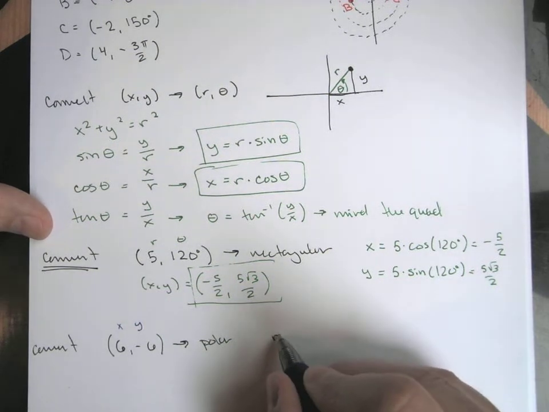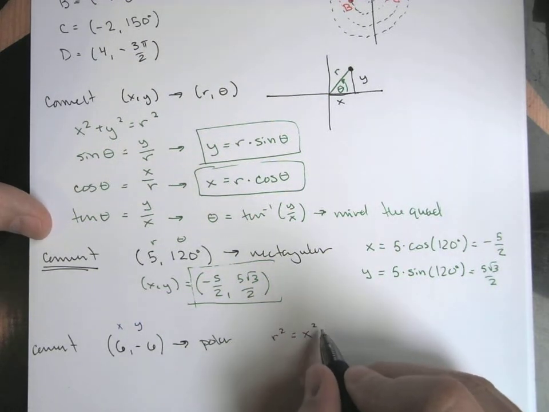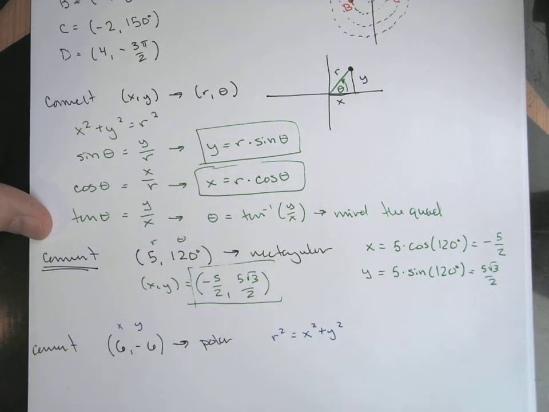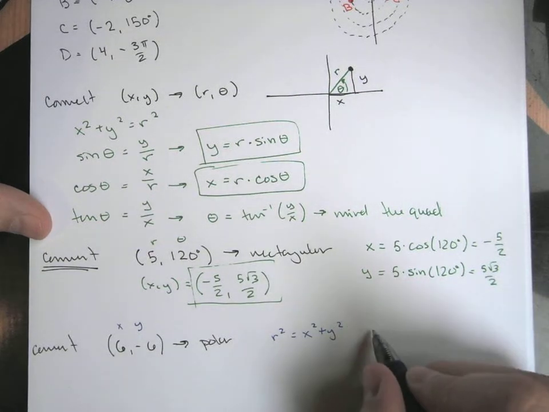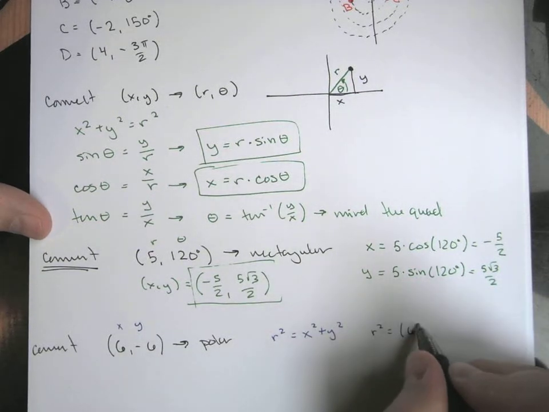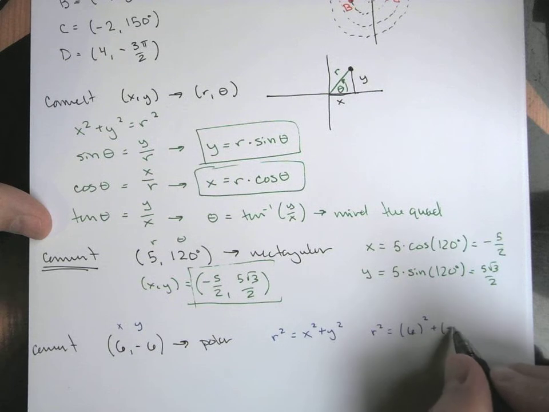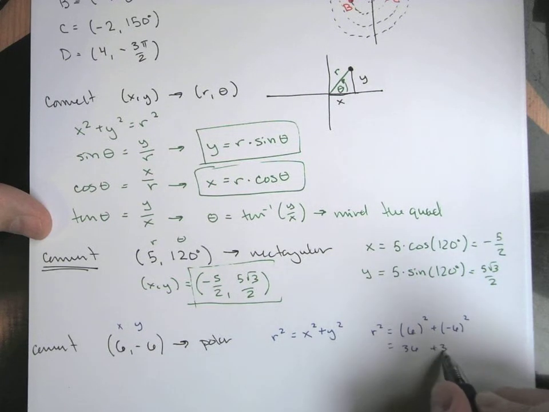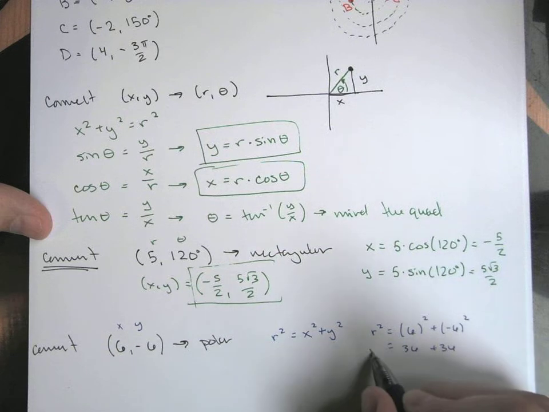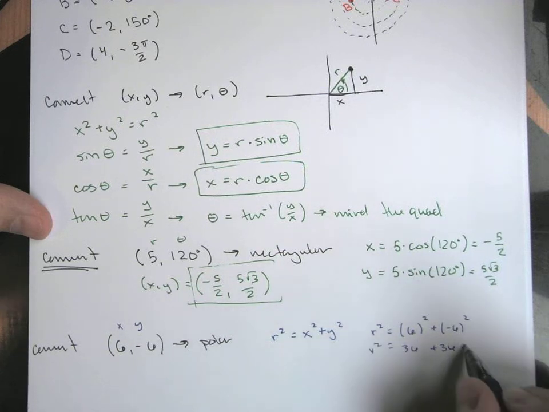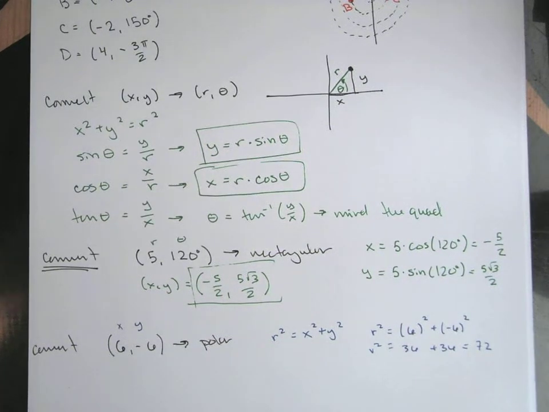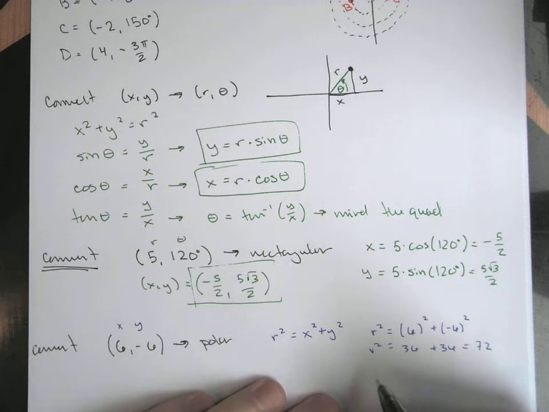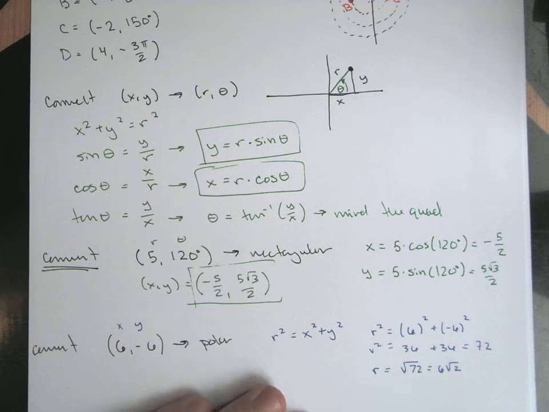The radius is a little bit more simple; it should just be Pythagorean style. So r squared is going to be 6 squared plus negative 6 squared, 36 and 36, so that's 72. We simplify this. That means my radius would be root 72, which would look like 6 times root 2.